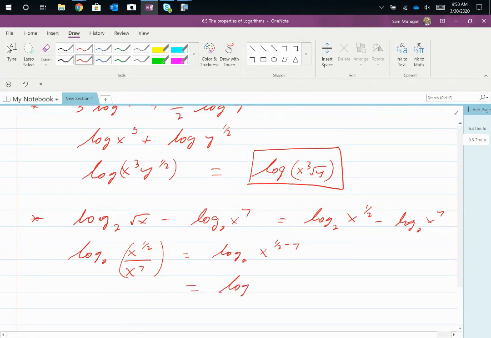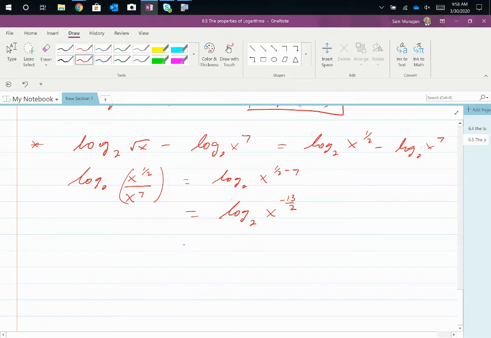So this is log base 2 of x to the power negative 13 over 2. And then applying the power rule, we have negative 13 over 2 log base 2 of x.